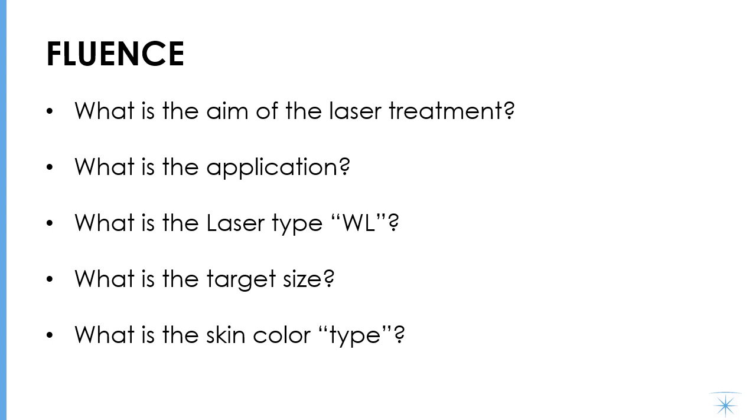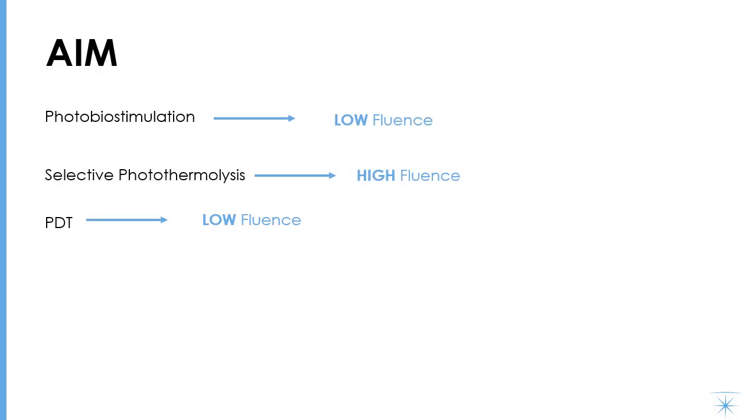What about the fluence? Actually, the fluence is going to be determined according to different factors. One of them is the aim of the laser treatment. Another one is the application we are using the laser for, then the laser type or the wavelength, the target size, and the skin color or the skin type. Regarding the aim, if you would like to achieve photobiostimulation, then we don't need high fluence. Low fluence will do the job.